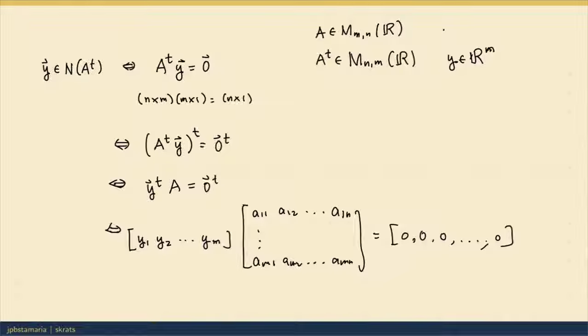And this is why we call it a left null space, because the vector is on the left of the matrix. It's lying down as a row.